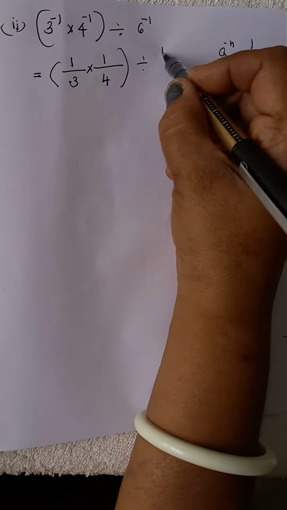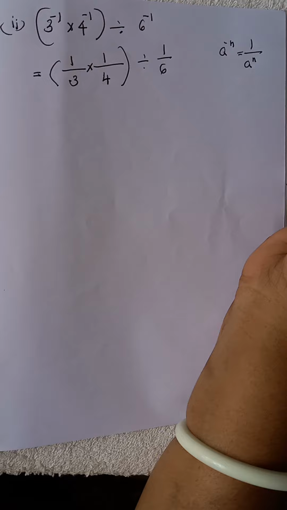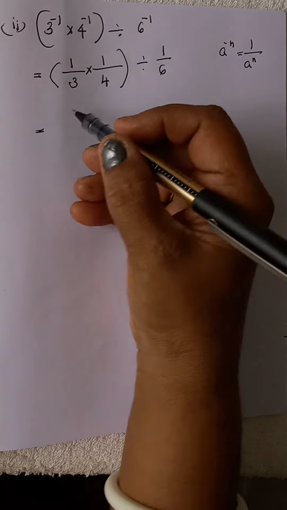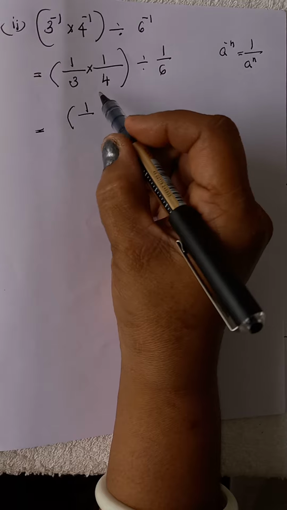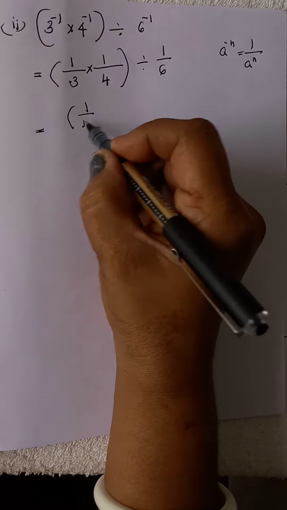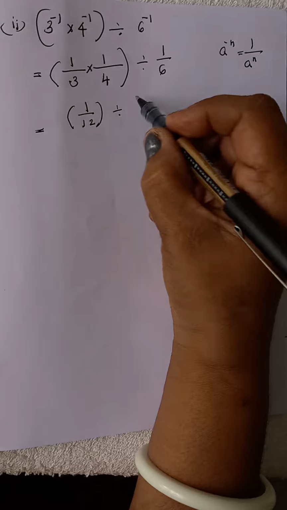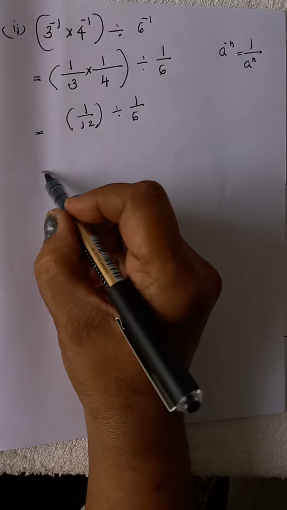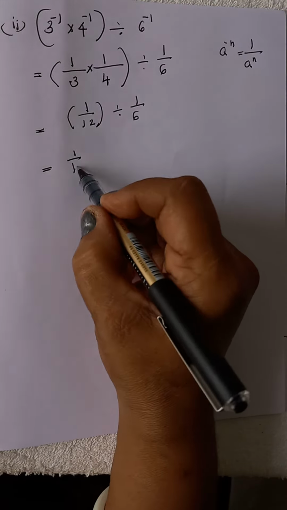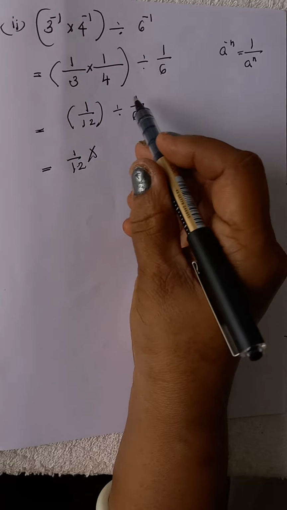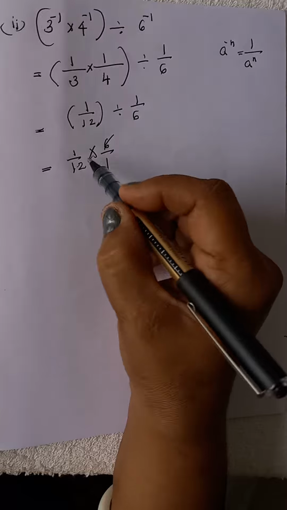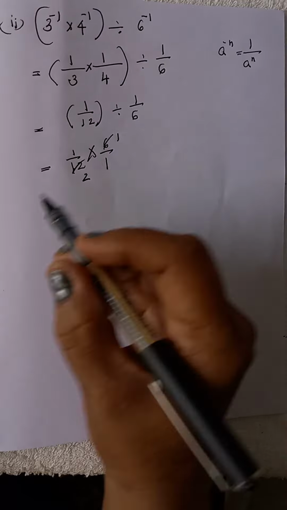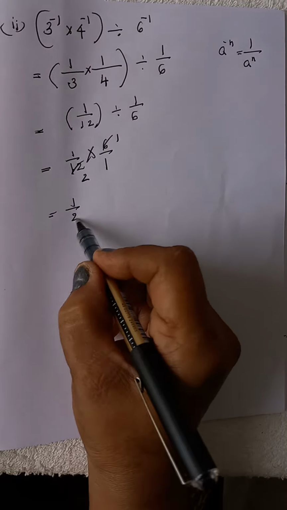Now that divided by 1 divided by 6. That is equal to 1 divided by 4 into 3, that is 12, divided by 1 by 6. Now that is equal to 1 by 12 into, division is the inverse of multiplication, so into 6 by 1. So that is equal to 1 by 2.